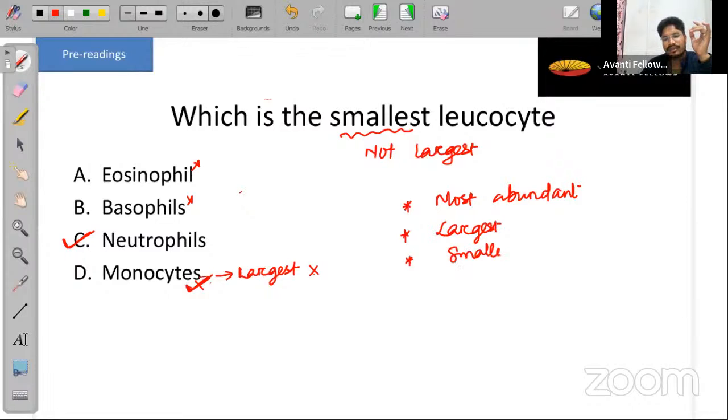These three names are compulsory, keep them in your mind. This can be asked as a question. Largest will be your monocyte, smallest will be your neutrophils. And the most abundant one, we will see in the next slide.